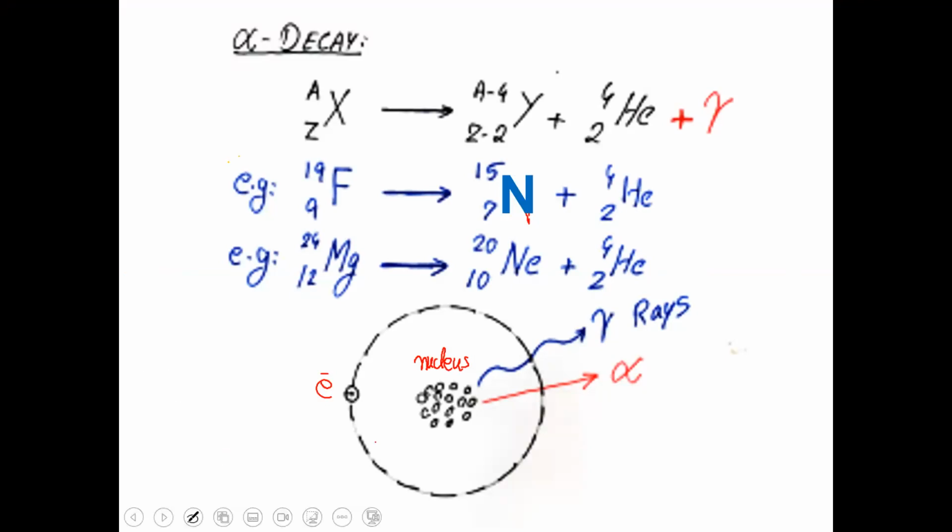Fluorine is an element in chemistry which decays into nitrogen, and an alpha particle is released from fluorine. Magnesium is also an element. Magnesium decays and it releases an alpha particle.